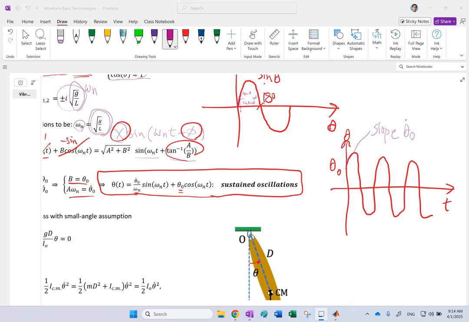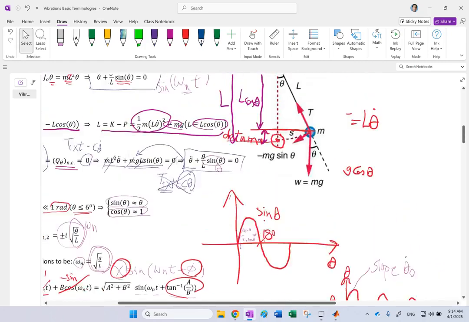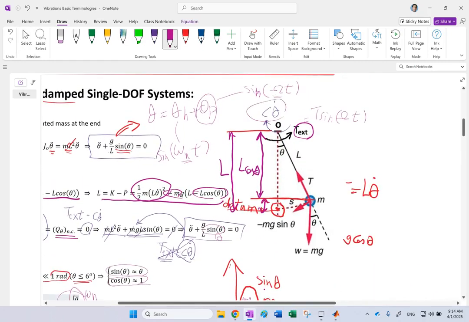Now, in reality, nothing oscillates forever. Why? Because there is always a damping, which we'll see in the next video. It will kill out the energy of the system and convert it to heat or sound or both. Unless I have a battery that keeps injecting some external torque into the system to keep that pendulum on your clock going back and forth.